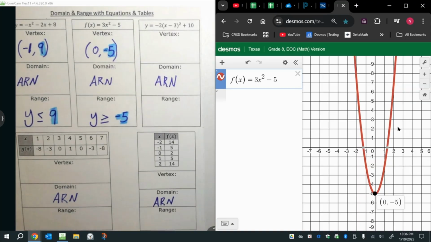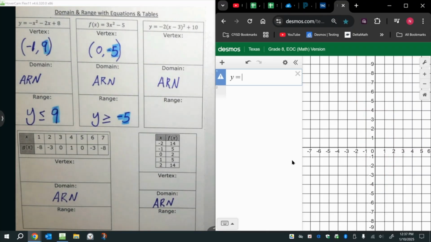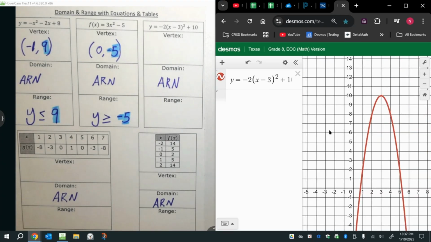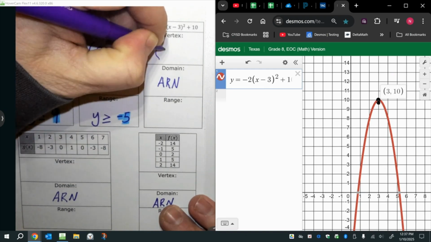All right, if I look at the next one, again, we're going to clear this out. y equals -2 parentheses x minus 3, close the parentheses, square all of that, and then plus 10. Now here's my vertex, 3, 10.